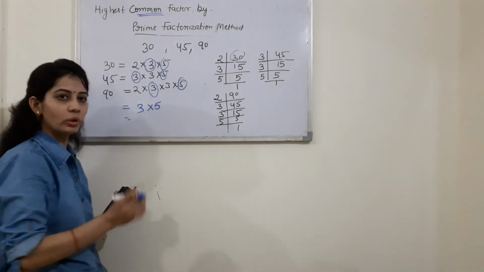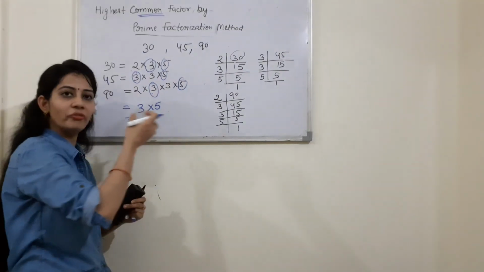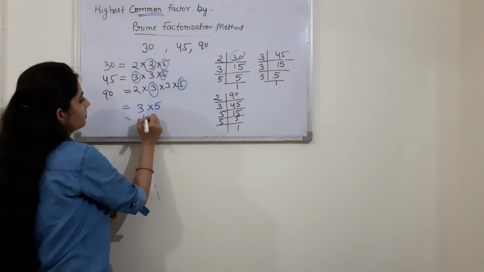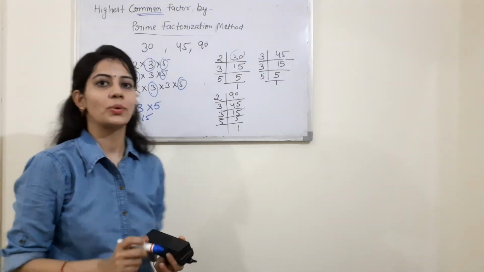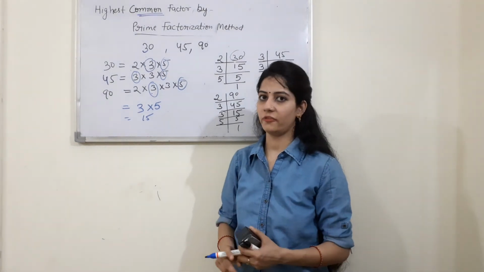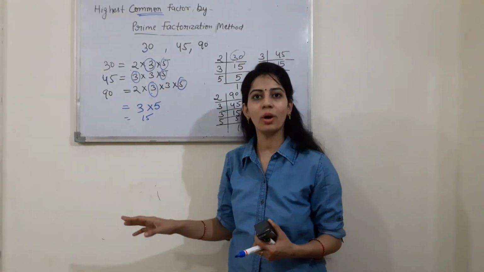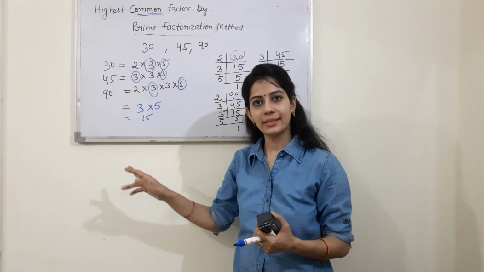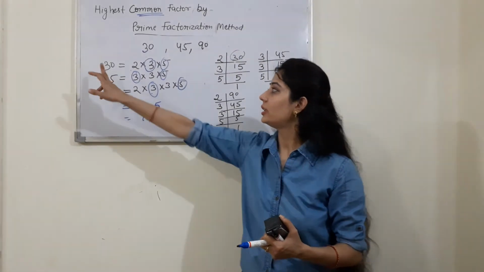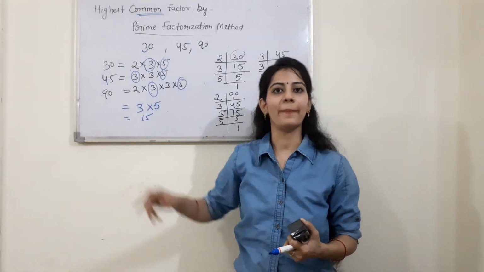So we will write only common ones, one time, and then we will just simply multiply. 3 times 5 is 15. So it means here the highest common factor of 30, 45 and 90 is also 15. It means it is the largest number which will divide all these 3 numbers completely.